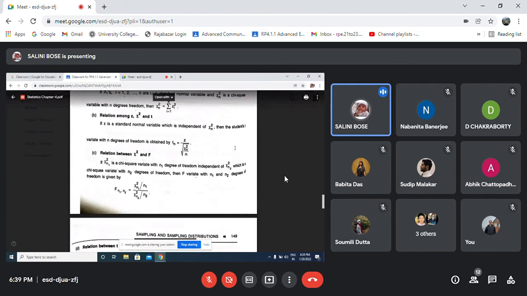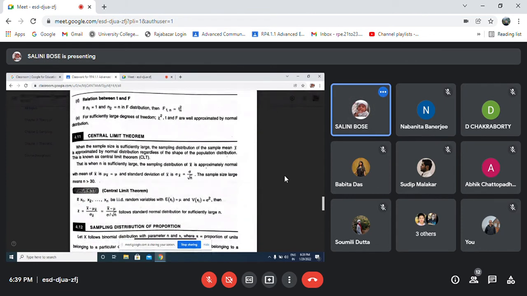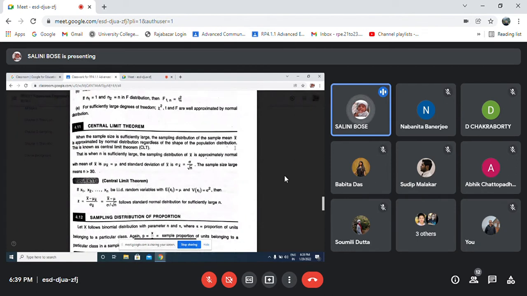So these are the relations between the different sampling distributions. And the last part of this chapter is the central limit theorem. When the sample size is sufficiently large, the sampling distribution of the sample mean x bar is approximated by the normal distribution regardless of the shape of the population distribution.